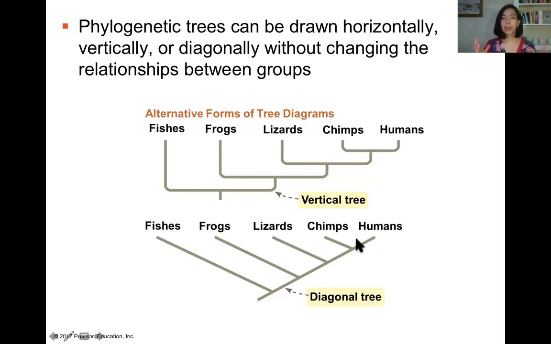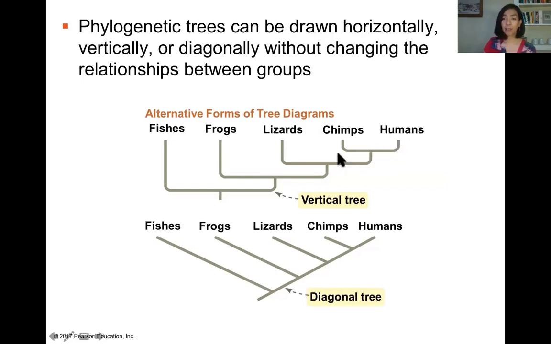I want to make a parenthesis to say that this is what we think: we have a shared ancestor between chimps and humans, from which these two lineages evolved. So people who say that humans evolved from chimps don't know what they are talking about, because no one in science has hypothesized that humans evolved from chimps.